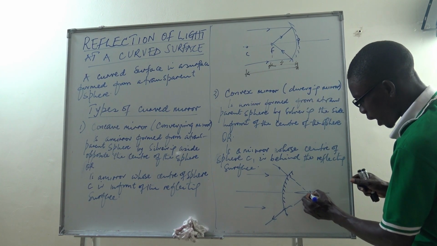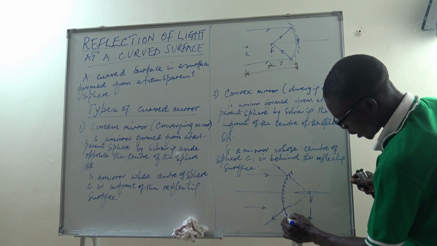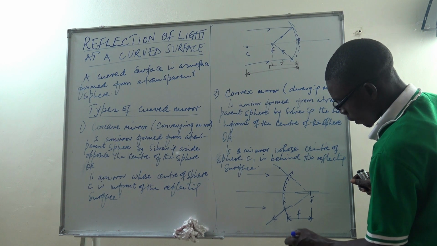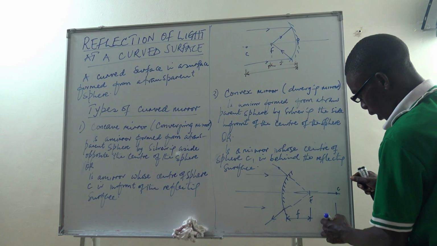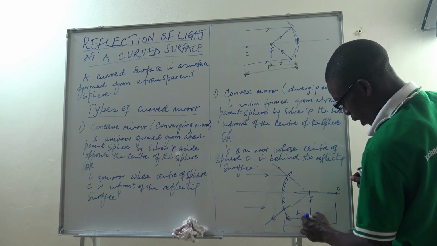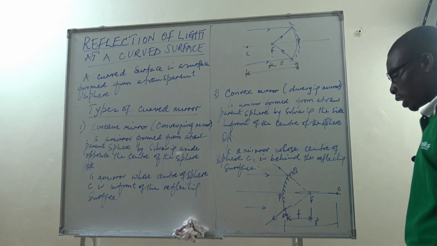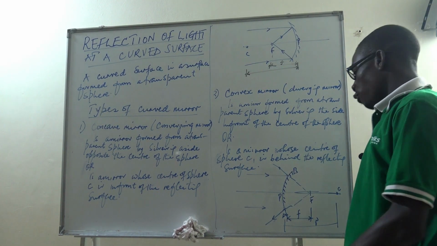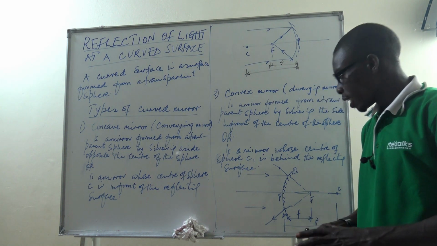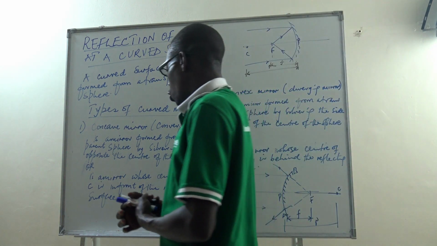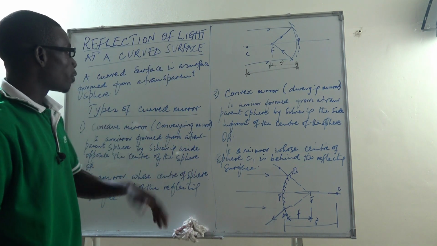And now this is acting as our F. And then we can have here our point C, such that this one can act as our R. This is the pole. You can call A, B, which is the length of the surface of the mirror, and that's the aperture.